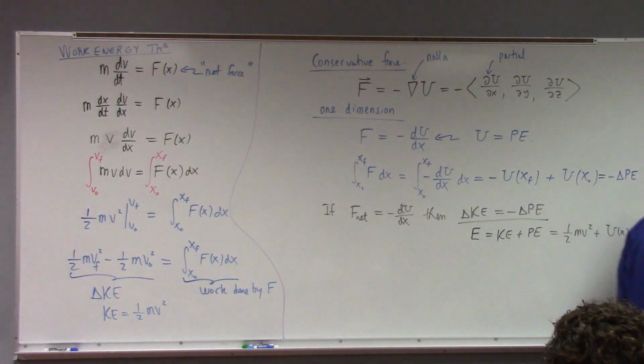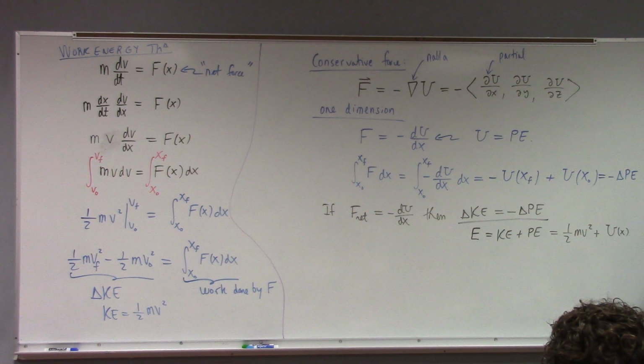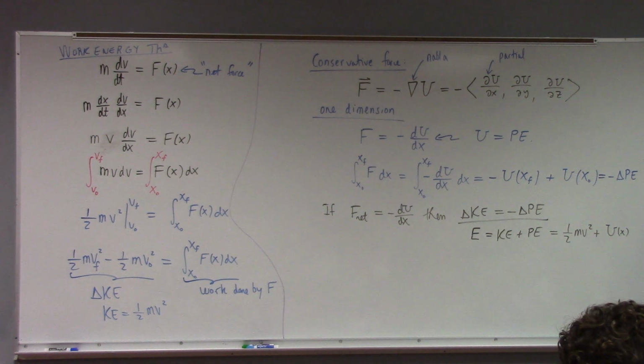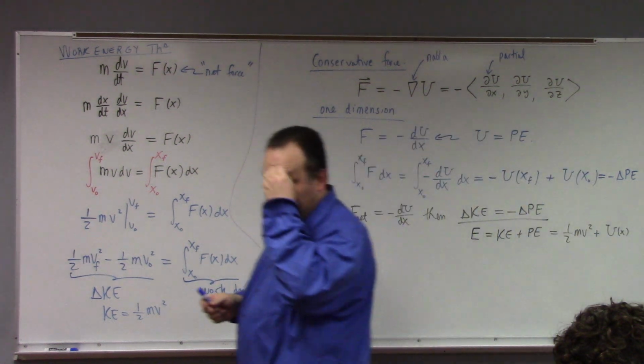If you multiply this by dx dt, what happens? You get m dx dt, dv dt, which I really should have just left as v dv dt, my bad, plus dx dt du dx. So I'm just multiplying by v.